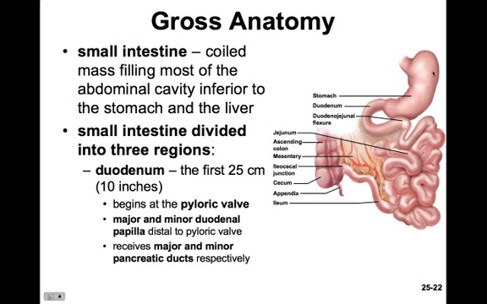The pyloric valve is the valve where we move from the stomach into the small intestine. And there are major and minor duodenal papilla there, where we'll see the entrance of the bile duct and the pancreatic duct at the major duodenal papilla, and the accessory pancreatic duct at the minor duodenal papilla.